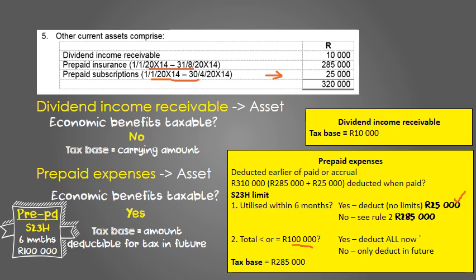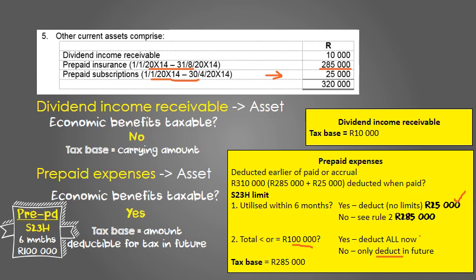So we see here that the 285,000 that would not be utilized within the first 6 months after year end now falls under Rule 2, and we see that it is bigger than the limit of 100,000.